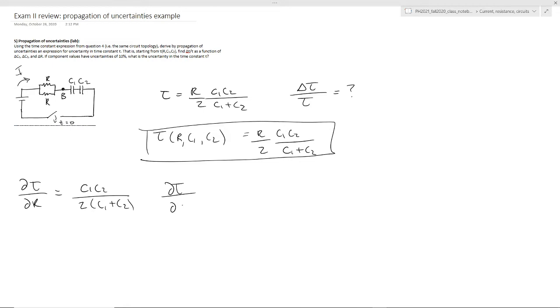d tau d C1. So in this case, now we have a quotient. So we'd have our R over 2 times low d high minus high d low, all over the square of the denominator.